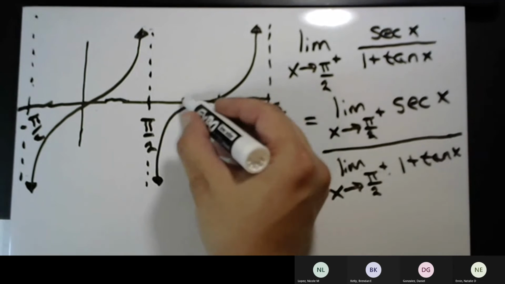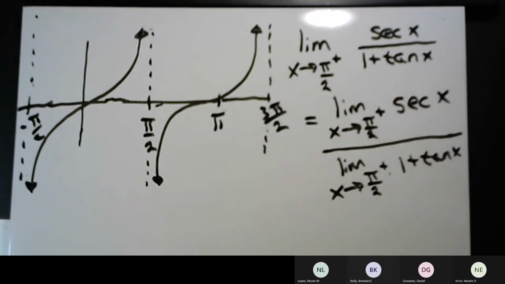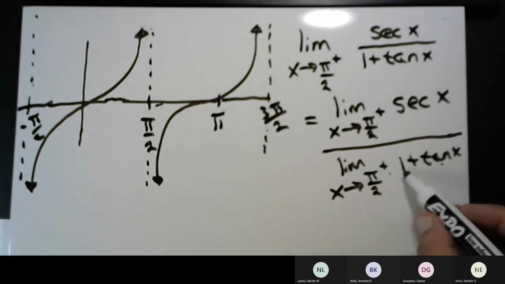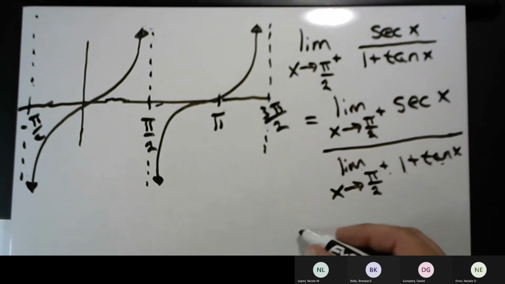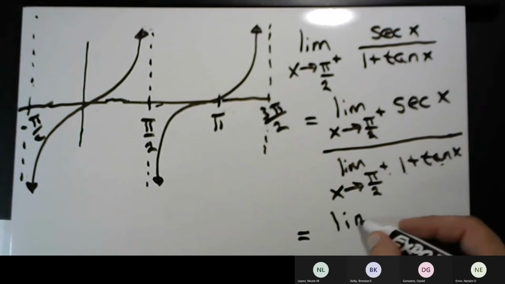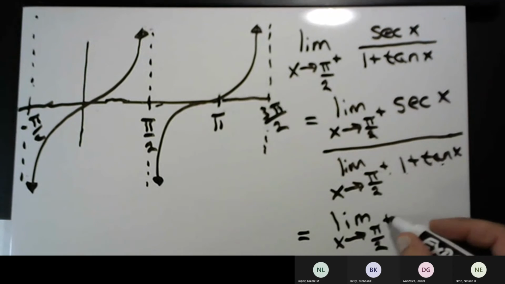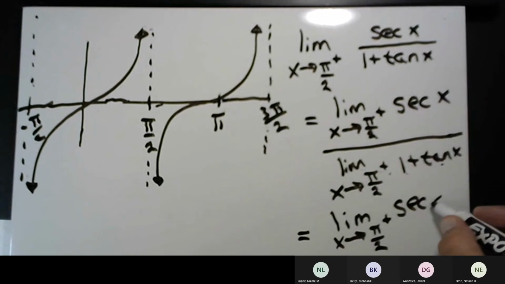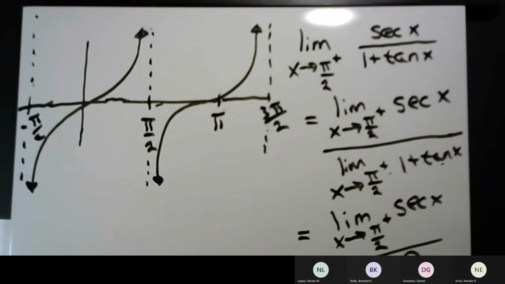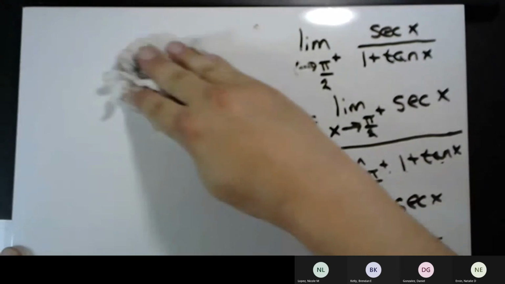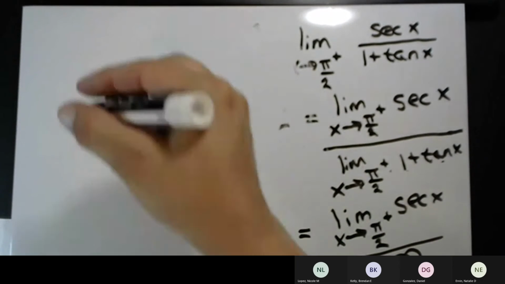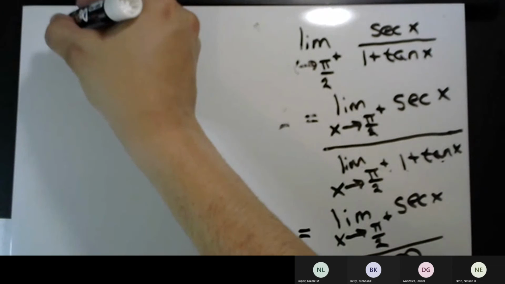So that means as we approach from over here, this plunges down to negative infinity. So negative infinity plus 1, that's not going to change anything. So we get the limit as x approaches pi over 2 from the positive side of secant x over negative infinity. So it looks like we're headed towards another indeterminate form. So let's take a look at secant. So again, with secant, we can start out with our cosine function.